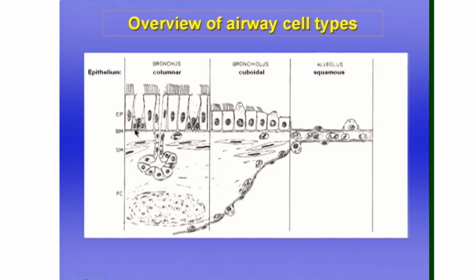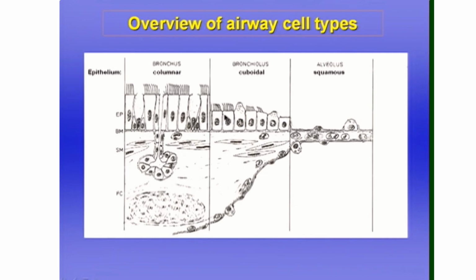Here's a drawing which summarizes some of the cells in the epithelium of the airways as we go down from the large airways through the smaller airways, here called bronchioles, down to the alveoli. Initially, you see these tall columnar cells with cilia on top, and that may be a Clara cell there, or possibly a goblet cell.